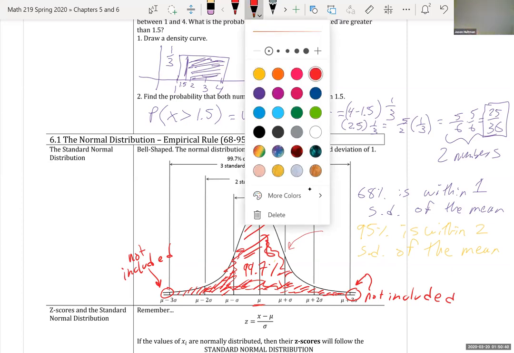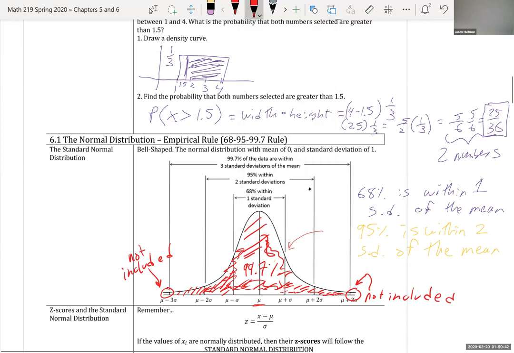And so we say that 99.7% is within three standard deviations of the mean.